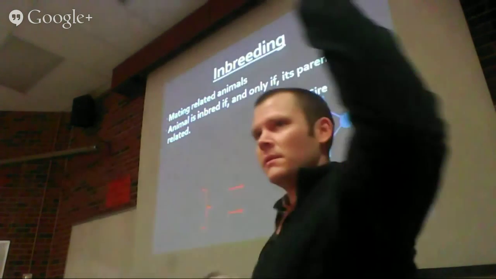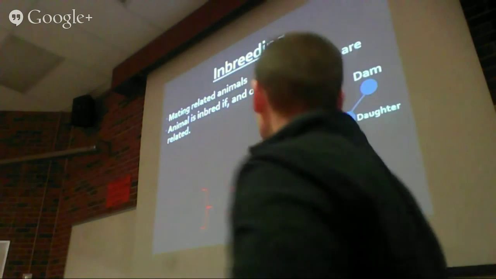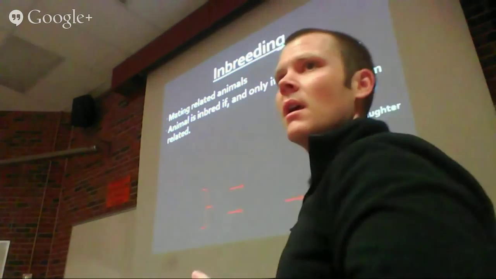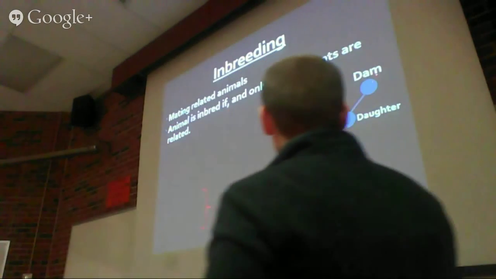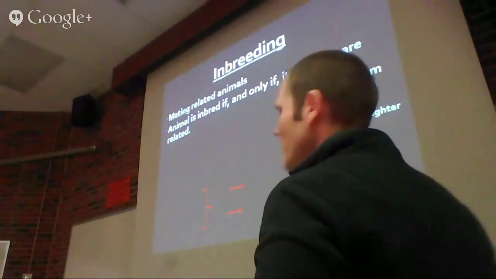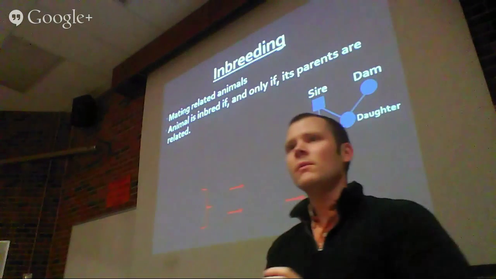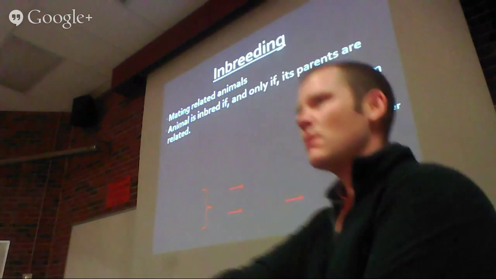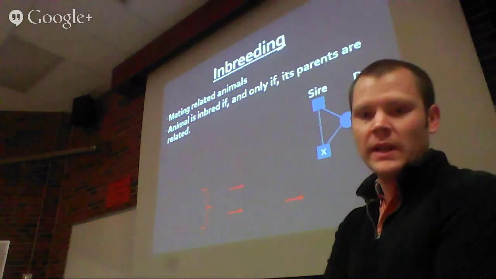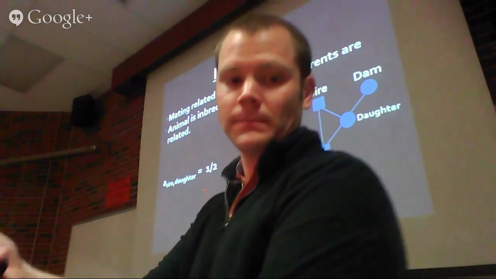Who says yes? Is the daughter inbred? No, right? We don't know the relationship between these two, so we assume they are not related. So that one's not inbred, right? So just look at the parents and decide if the parents are related. Determine if inbreeding is present.